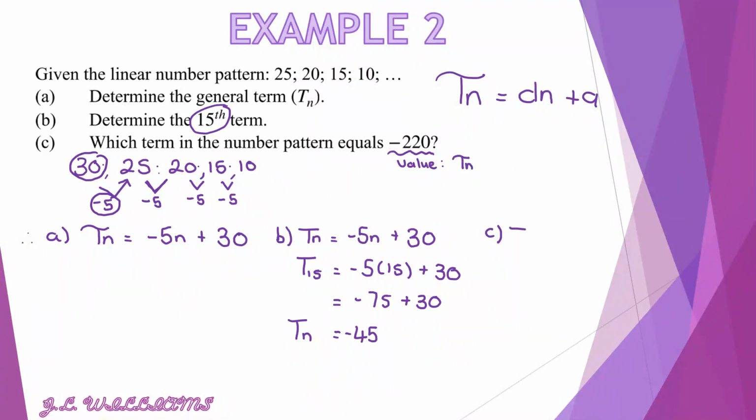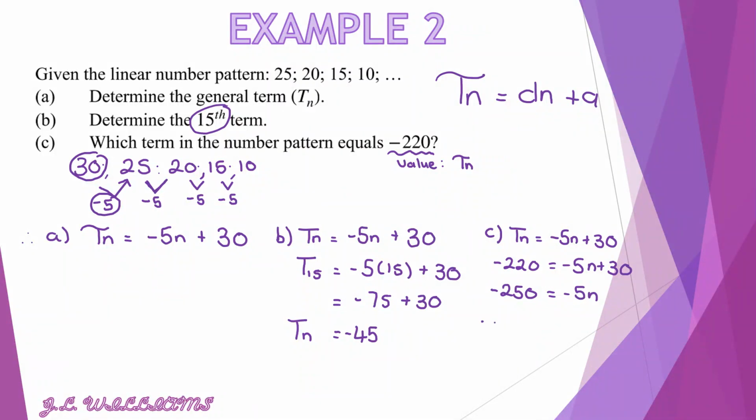So we start again by saying that Tn is negative 5n plus 30, right? The value that we have here is negative 220 is equal to negative 5n plus 30. Now it's just a matter of solving this equation. So we go ahead and subtract 30 on both sides to end up with negative 250 equal to negative 5n.